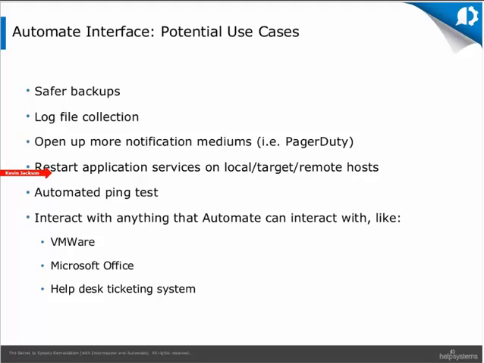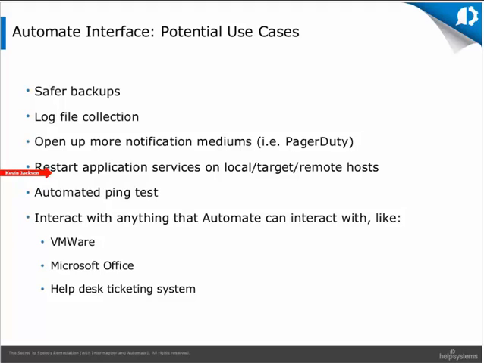Restarting application services. I think this is one of the more used use cases. Oftentimes, we're monitoring an application or a service on one of our devices, whether it's on a server or even network equipment. If you need to restart a router or restart a switch or something like that, you can have Automate do that actionable task.